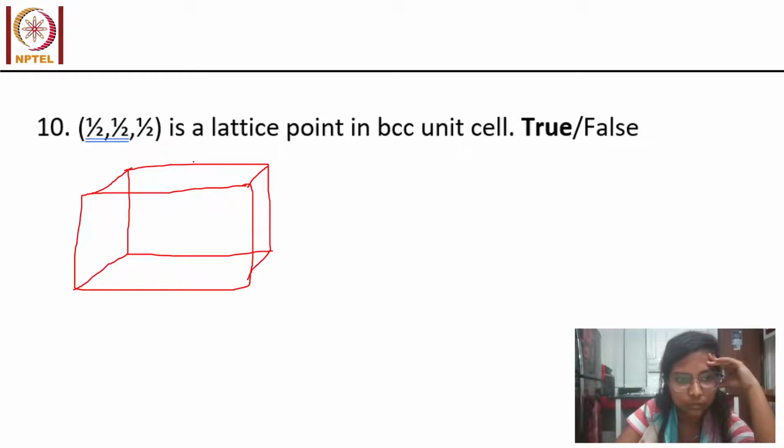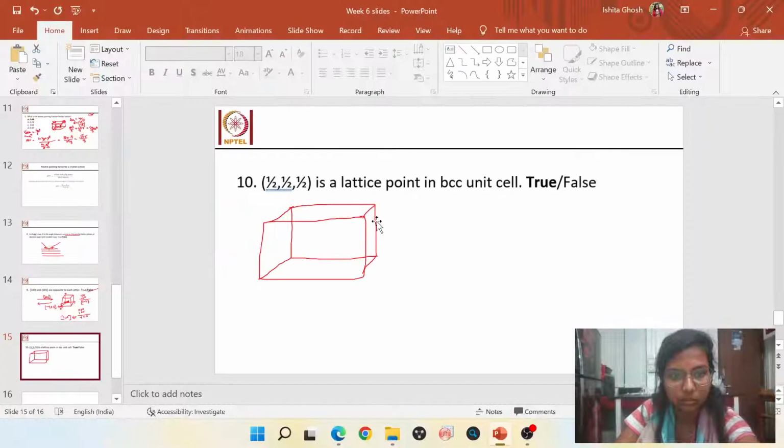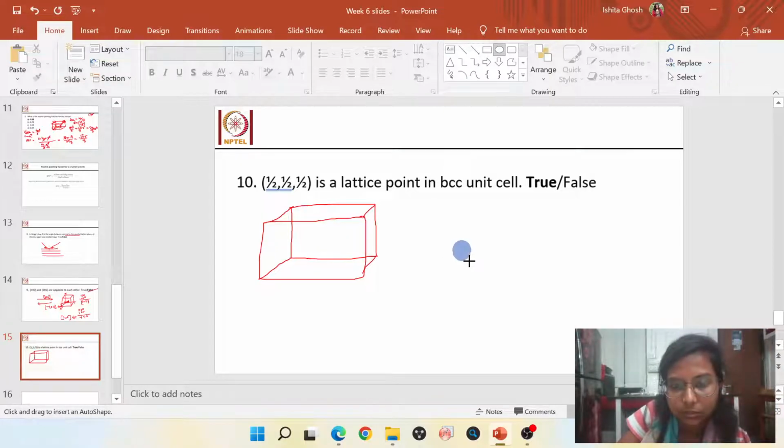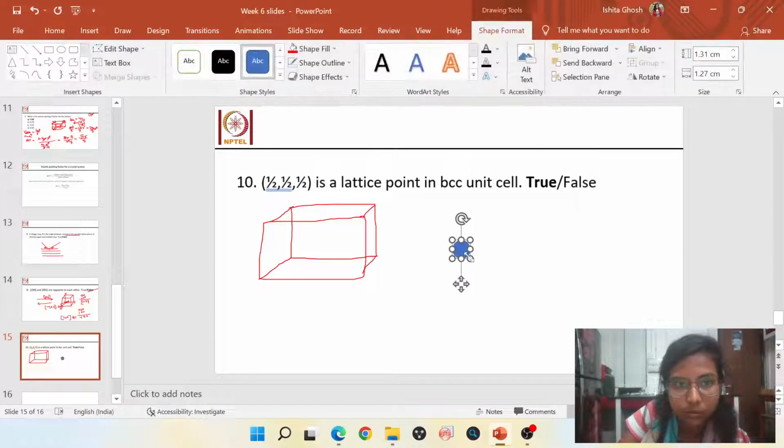So we have lattice points. Actually, it becomes very bad to draw the lattice points with pen. So let me draw with this.